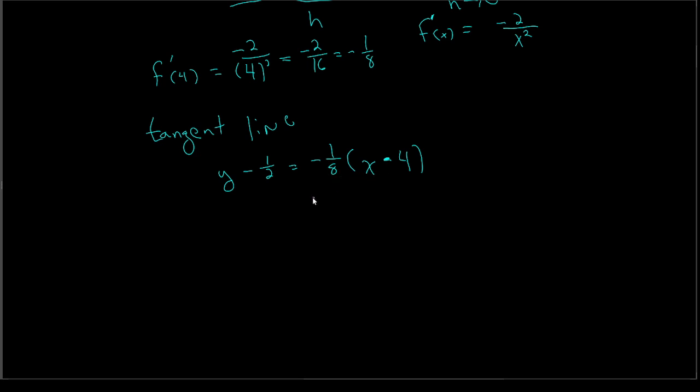We'll push the 1/8 through, so we'll get negative 1/8 x plus 1/2, and then y equals negative 1/8 x plus 1/4, and we have our tangent line.